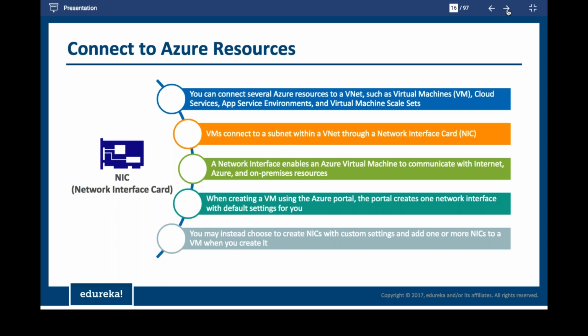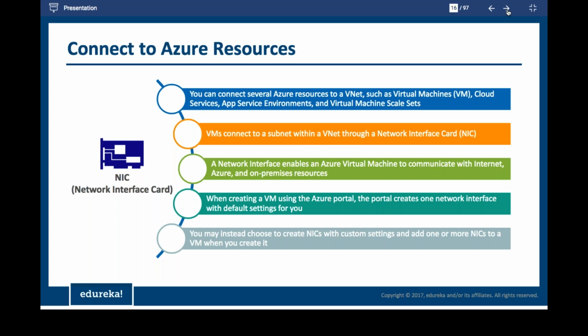It's going to connect you with the virtual machine and the VM scale set. The VMs connect to the subnet within a VNet through a network interface card. A network interface helps you communicate over the internet and also with on-premise resources. So if you're going for hybrid connectivity, the network interface card still helps you.